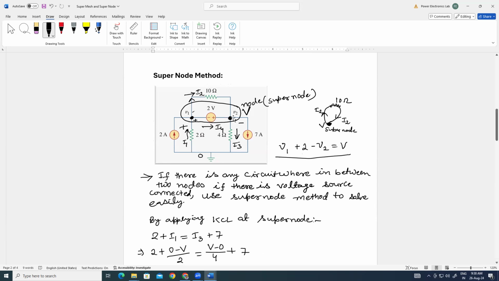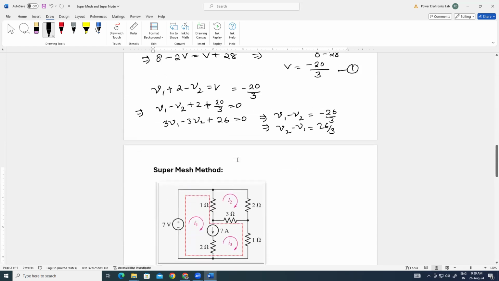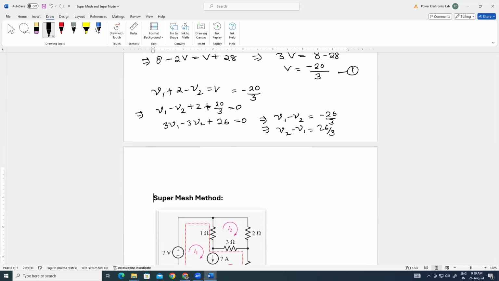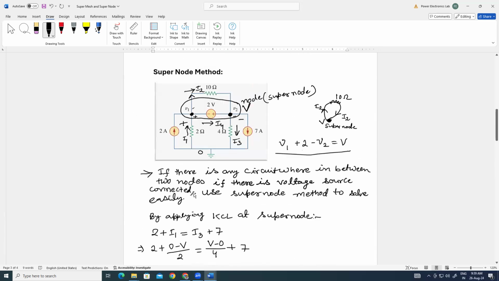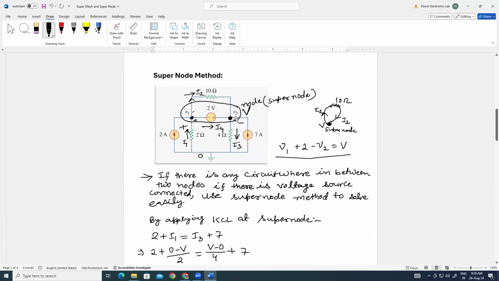So if you apply KVL in this loop, one more thing is that you know that I2 is equal to V1 minus V2 by 10.